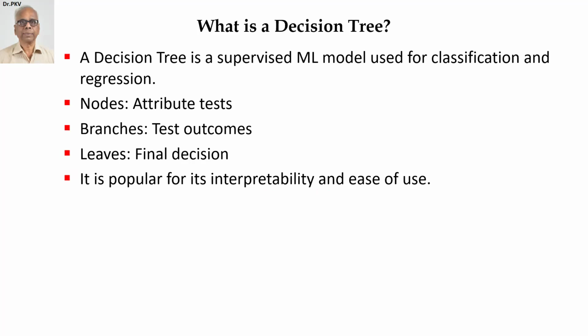So it's a recursive partition algorithm that is used, and you have root node, then branches, then finally the leaves and the terminal node, beyond which I will not be able to do any further split. And then I create the final classification. It's very popular for its interpretability and ease of use.